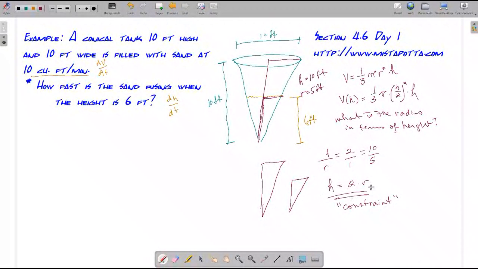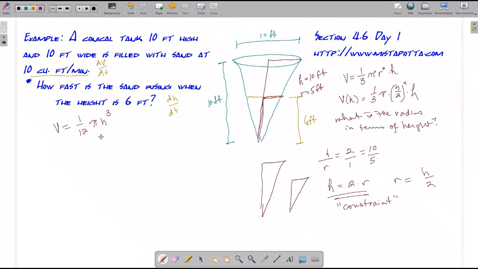Because if my height is equal to 2 times my r, r has to be equal to h over 2. And so what I've really got here is that my volume equals 1/12 pi h cubed.